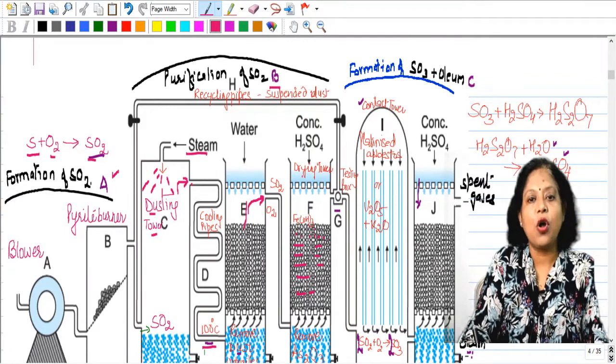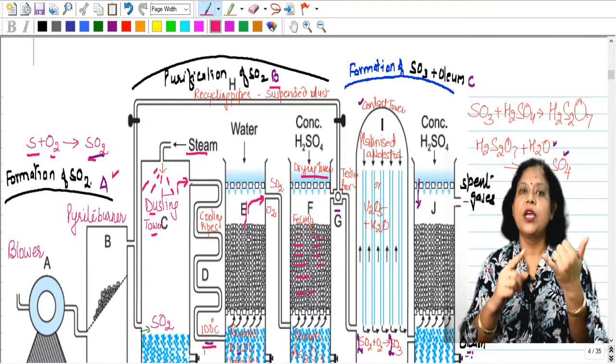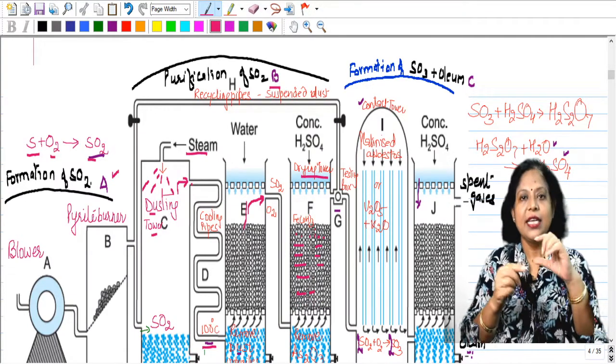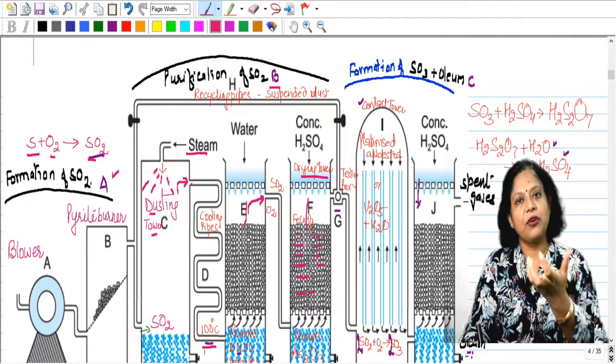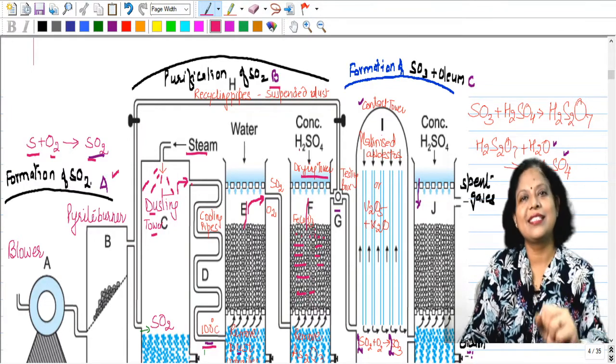This is also known as the drying tower. In the drying tower, two things are removed: arsenic oxide and water. For arsenic oxide, there are pebbles of ferric hydroxide. When the sulfur dioxide falls, this ferric hydroxide absorbs arsenic oxide and the water is absorbed by concentrated sulfuric acid.